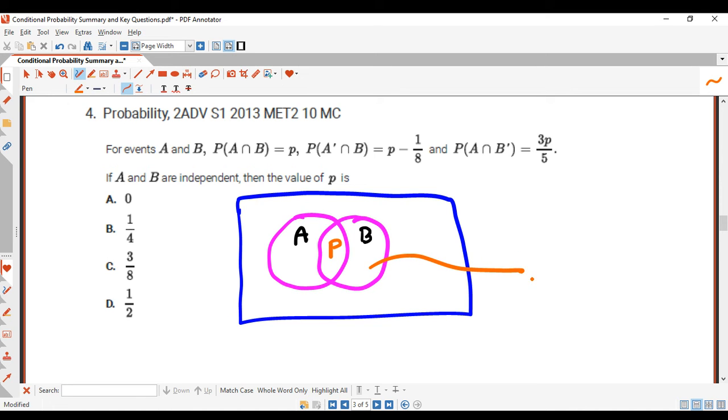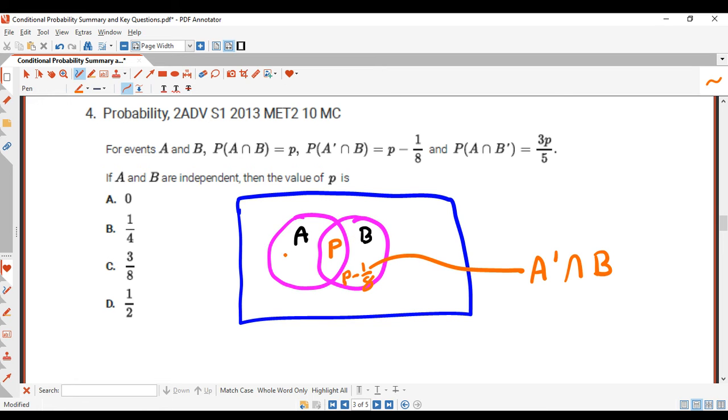That part there is not A intersect B. All right, so just this little section here. Now that is P minus 1/8. Yep. So P minus 1/8.